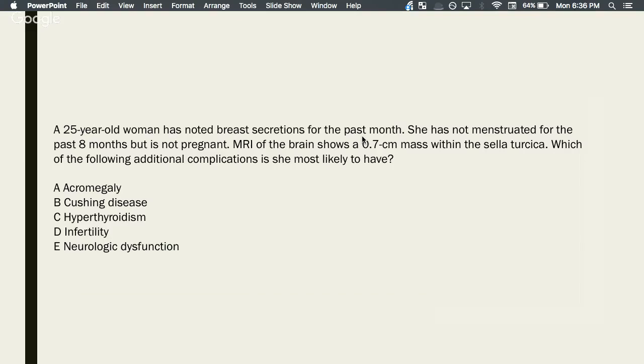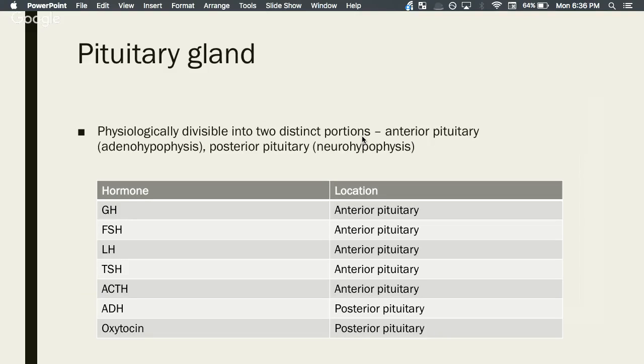Yes, perfect. Okay. So in terms of your pituitary, you can divide it into two portions, anterior and posterior. Posterior is connected directly to the hypothalamus. The hormones from your anterior are GH, FSH, LH, TSH, and ACTH, and posterior are ADH and oxytocin.